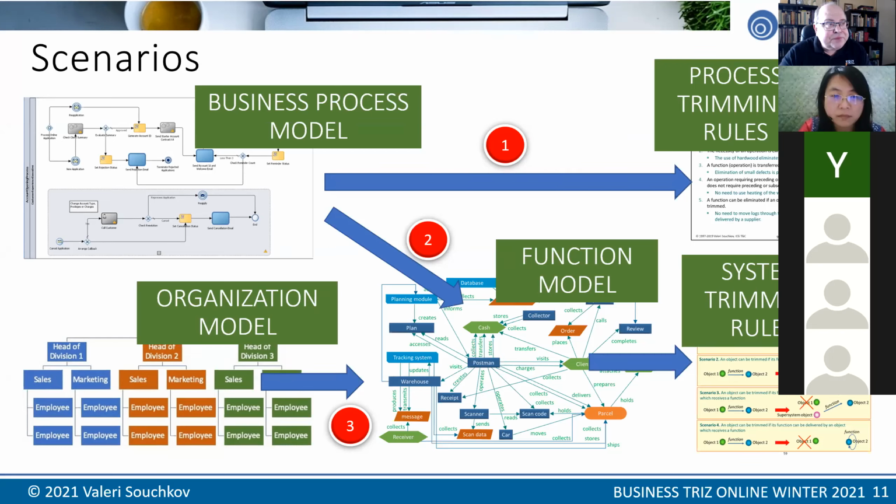Once we take a business process model, we can tag the operations within this process with TRIZ categories. For instance, there is a productive operation, which really produces value at the output. But there are supportive or transport operations which do not produce anything. They are needed to support these productive operations. So these supportive, transporting operations could be trimmed, and we can get a result.